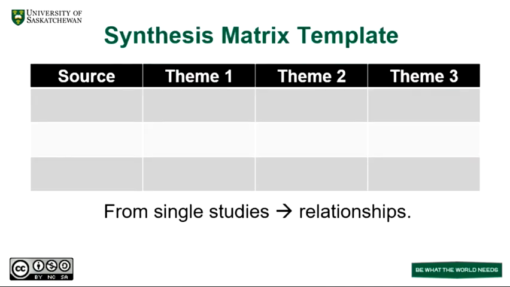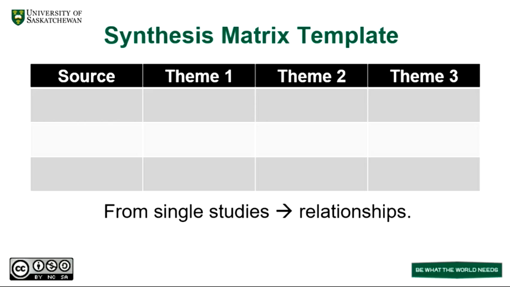And so once we have our related sources, then we want to start teasing out those relationships. One of the best ways that we can really start to clearly distinguish how different sources relate to each other is through use of something that's known as a synthesis matrix template.